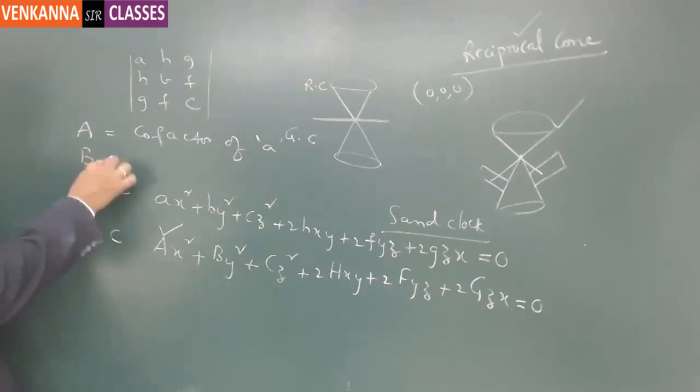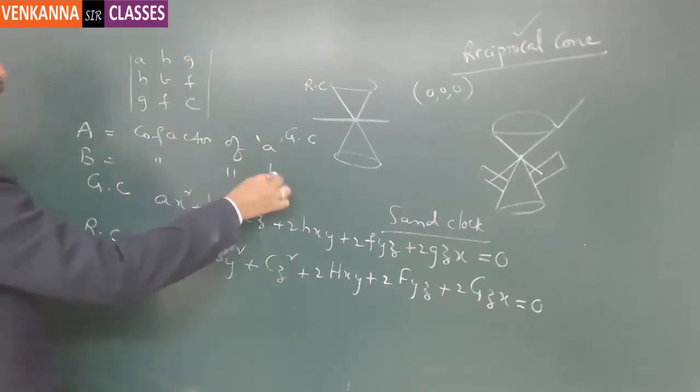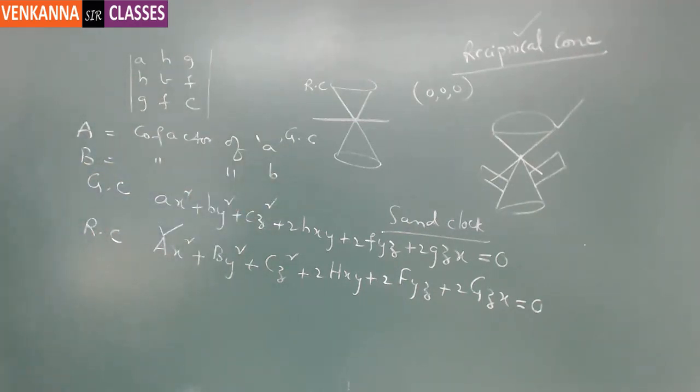Similarly, capital B is nothing but the cofactor of small b. Like that, every symbol is nothing but the cofactor taken in that one. Okay. So this is the formula we use to calculate the reciprocal cone equation. Fine. Please take a note of that.